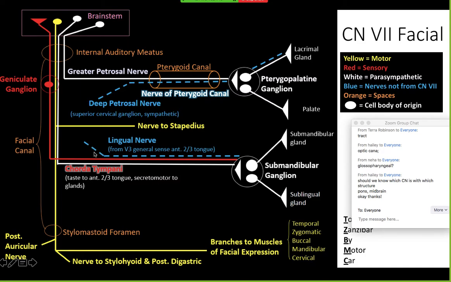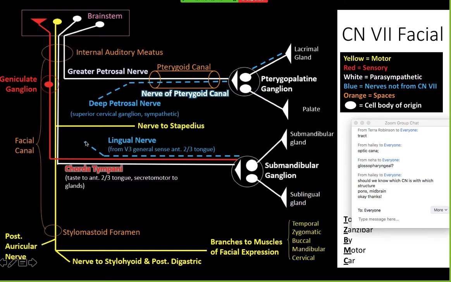And then also hitching a ride is the lingual nerve. This is a branch of V3. So remember, V3 is the mandibular branch of the trigeminal. So this isn't facial nerve.